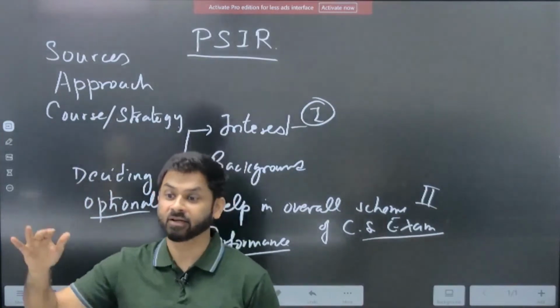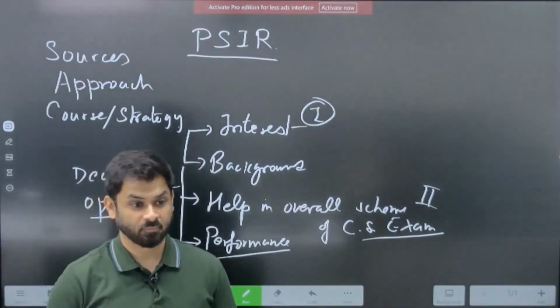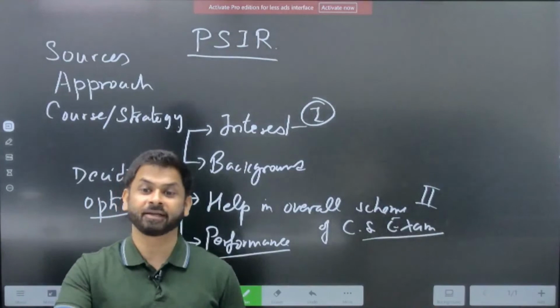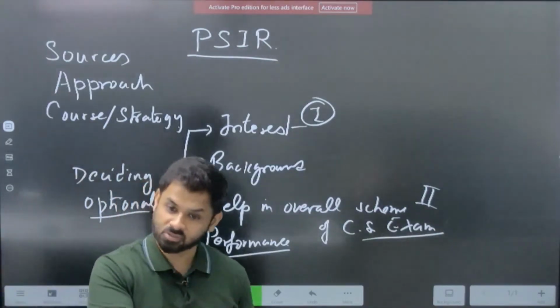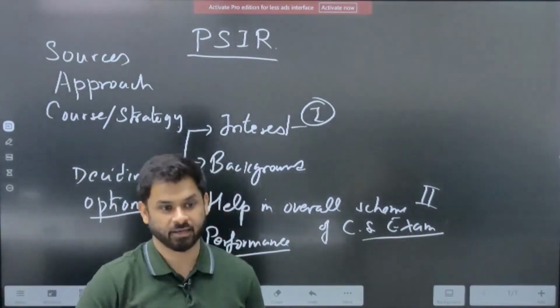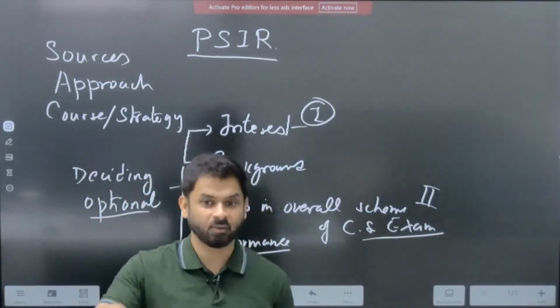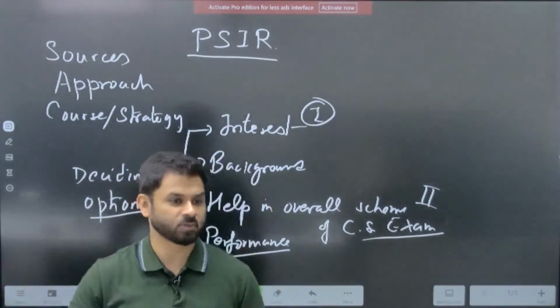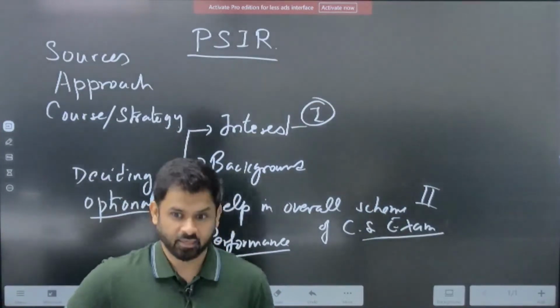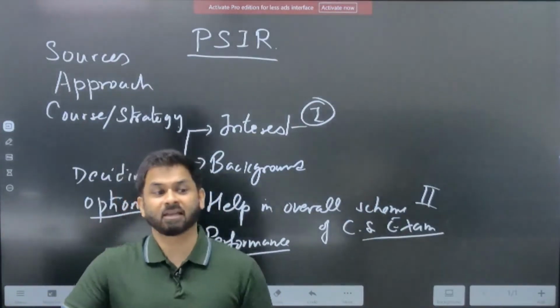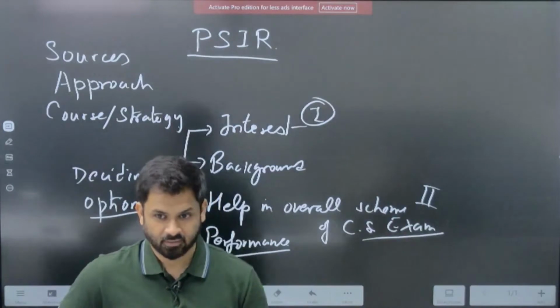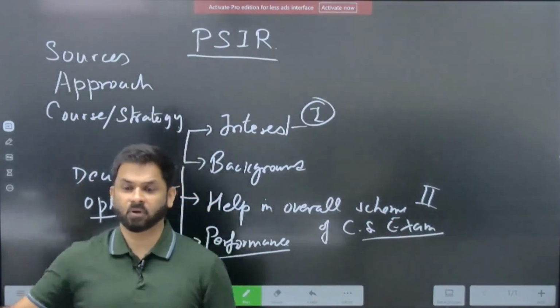You will not get into overall details, because there is a difference between what you study in Indian polity and what you are going to study in PSIR. What you study in polity will help here, what you study here will help over there, but there is a difference between the two. Here you are going to study, for example, the election of the president, right? Election of the president in polity, what will you study?